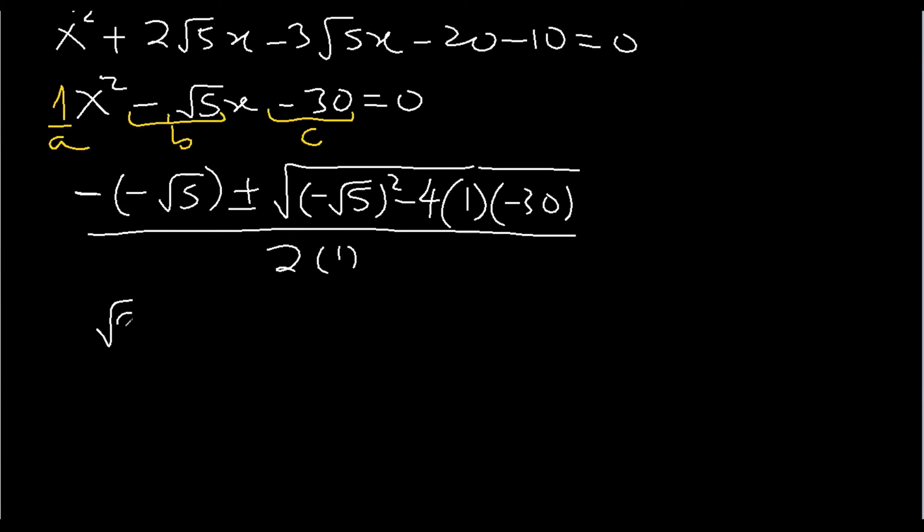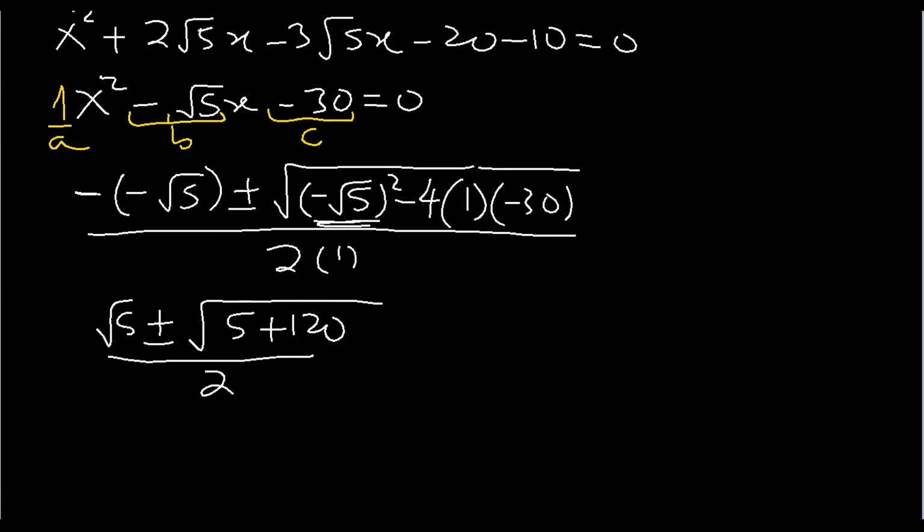So square root 5 plus minus square root of, we get here 5, and here it will be 30 times 4, positive 120. So 5 plus 120 over 2. So you can write square root 5 plus minus square root 125 over 2.